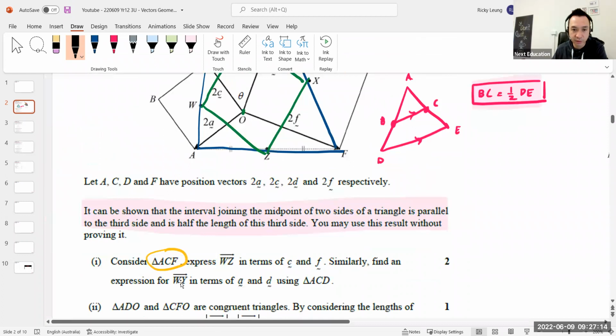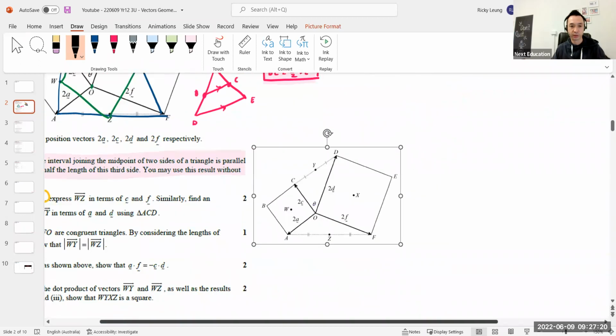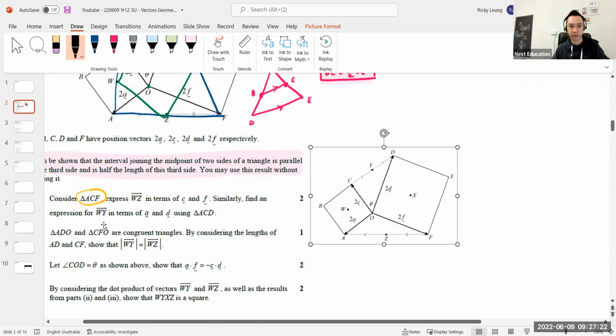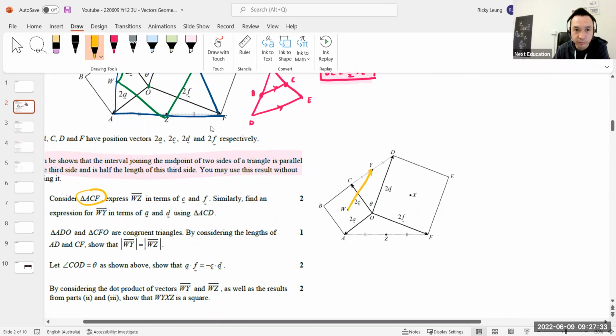So similarly, find WY. Maybe I'll do the same thing here. Just paste it right next door. So WY, where's that? WY up here. So this is my yellow now up here. WY, A and D. So it'd be these two here.